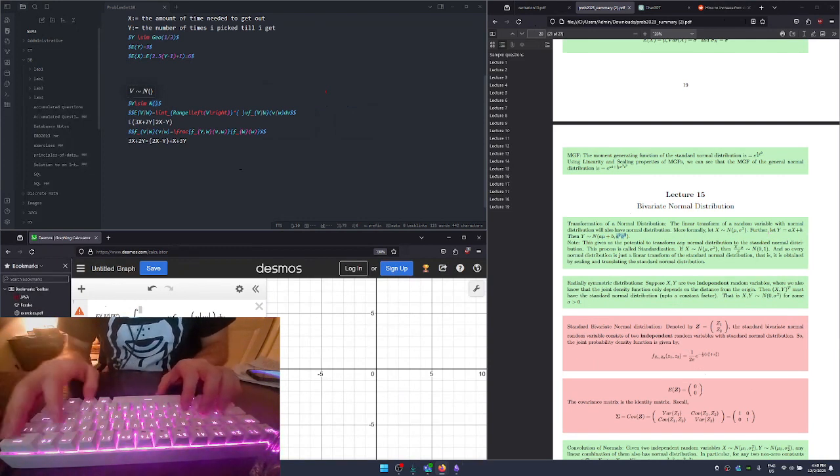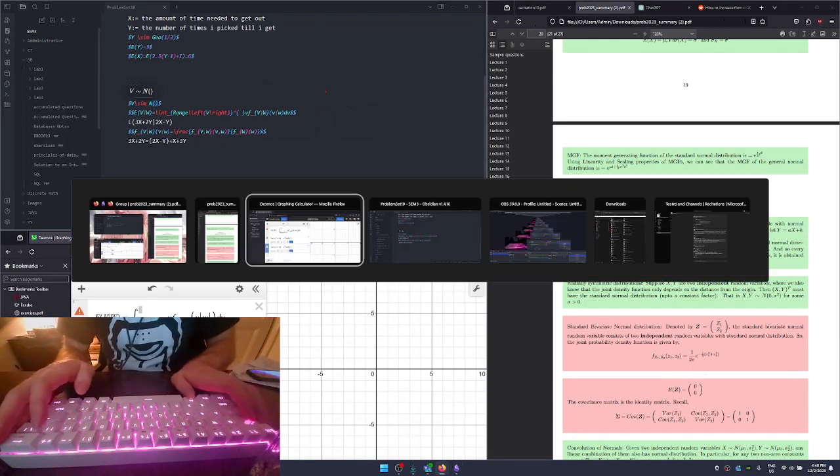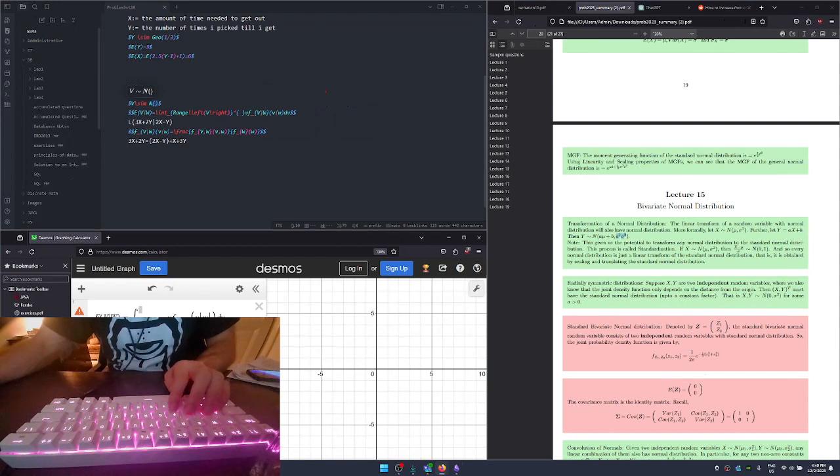And then it's the same idea for the expected value: the expected value of ax plus b is a times the expected value of x plus b, and you can just put this here.